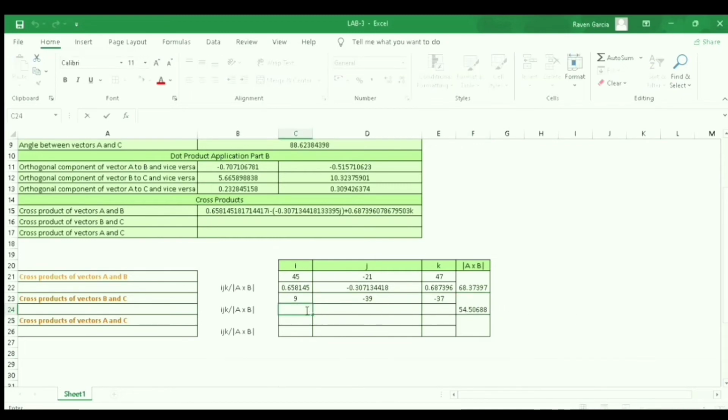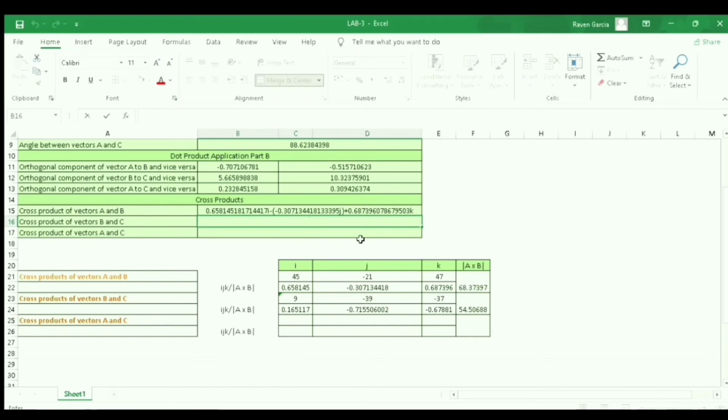Now, to get the unit vector of ijk at row 24, column C, we input the formula C23 divided by F23, and the answer is 0.1651. In the same row, at column D, input the formula equals D23 divide F23, and the answer is negative 0.7155. At the next column E, input the formula equals E23 divided by F23. The answer is negative 0.67.